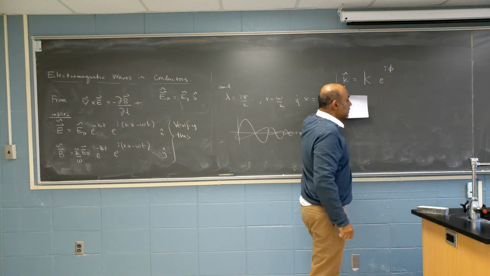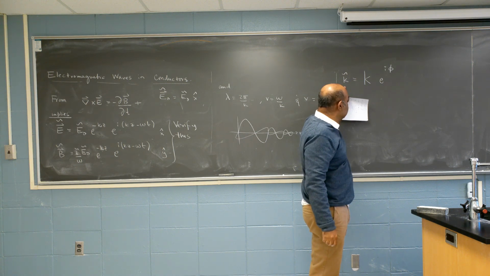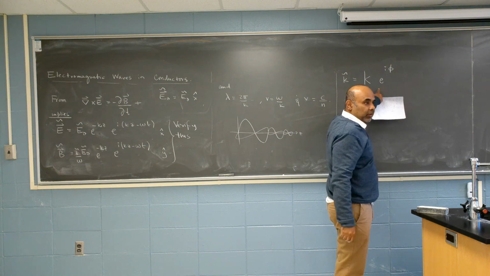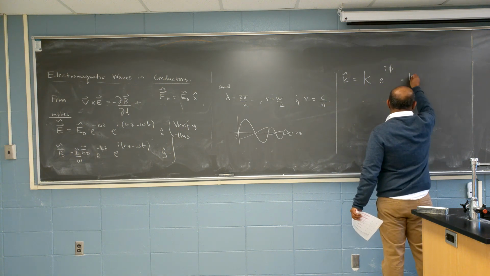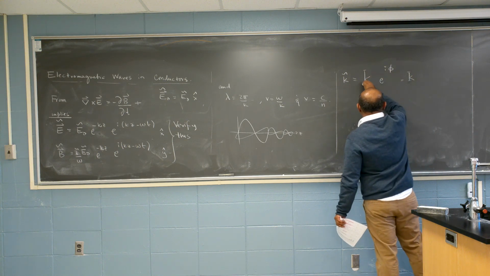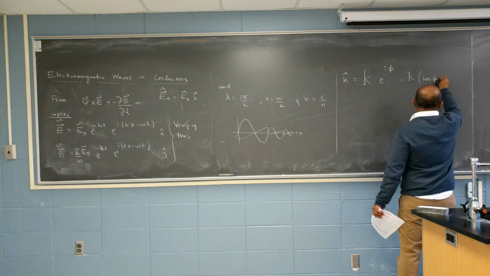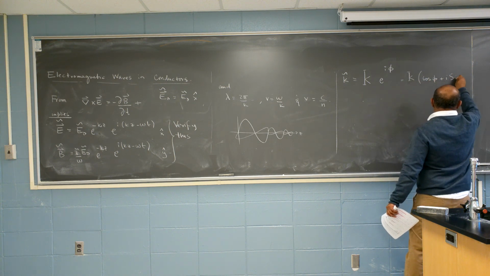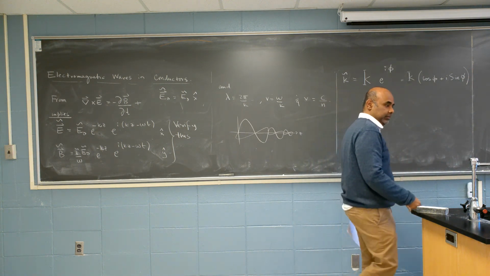A complex number has two parts, the real and the imaginary part. It can be written this way, where by this I mean, of course, K, uppercase. Cosine phi plus I sine phi, the usual Euler form.